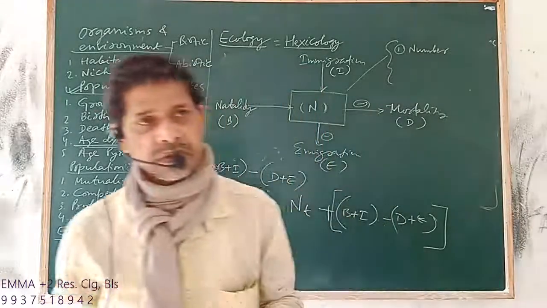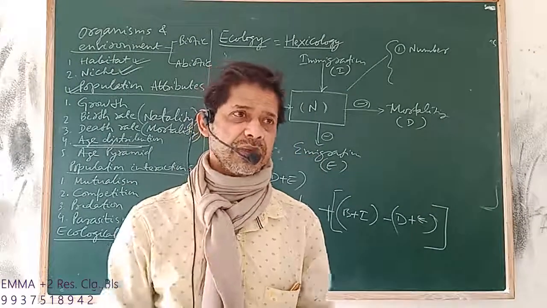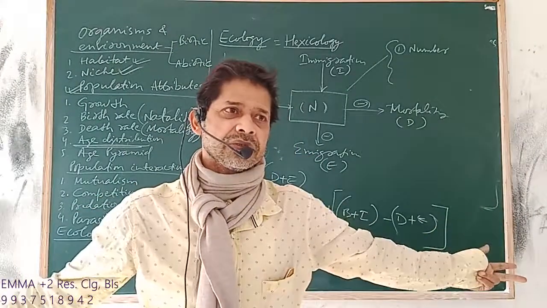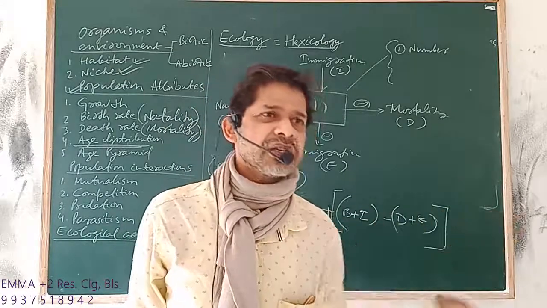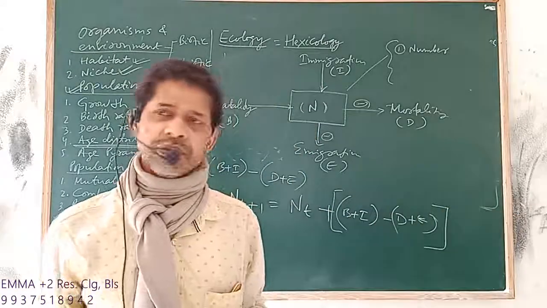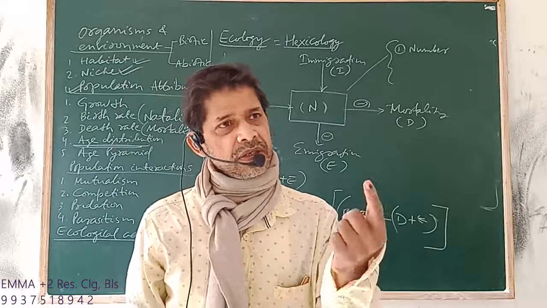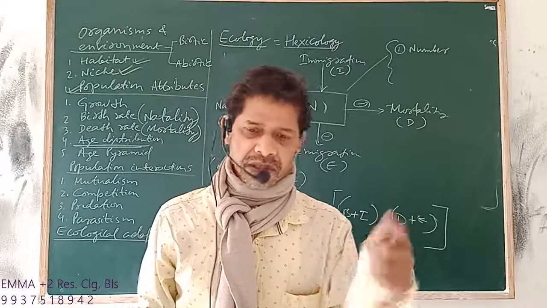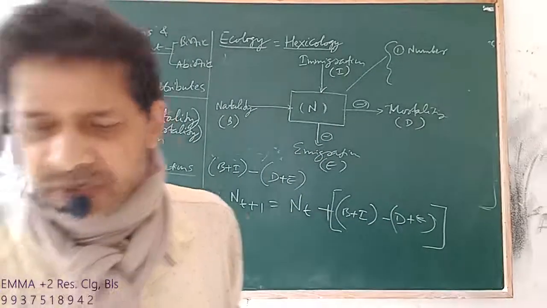For example, in a locality, one banyan tree is there, very big, huge in size. In comparison, small plants are there. So if we compare the number, banyan tree 1 in comparison to 200 parthenium plants there.